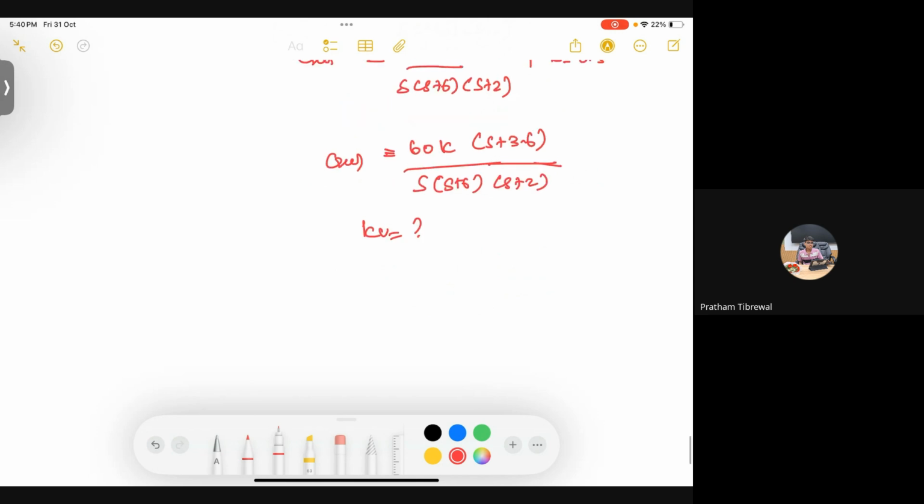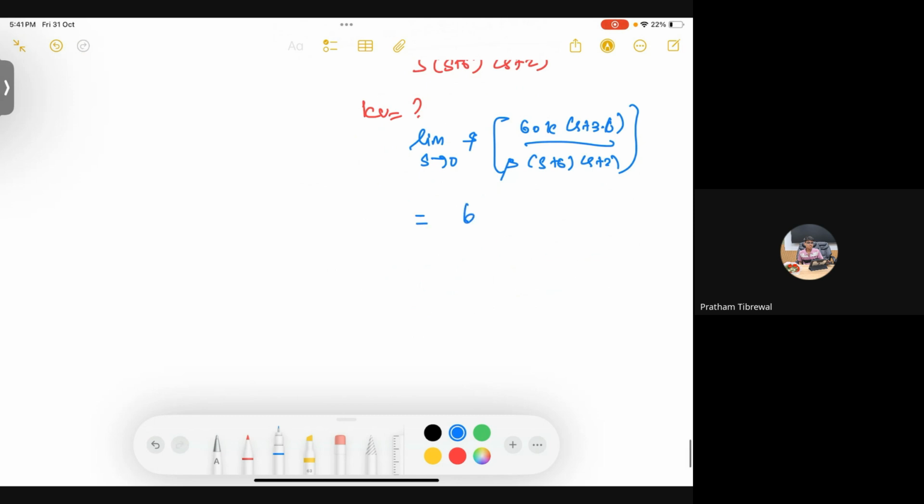Anyone getting different answers? K is 0.5, right? 3.6 by 6 into 2. 2.5 into 3.6 would be around 10, around 9 point something.